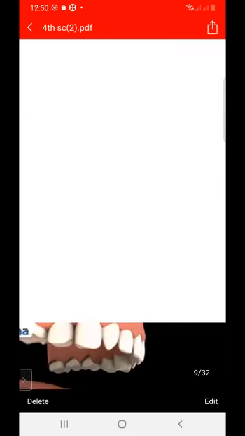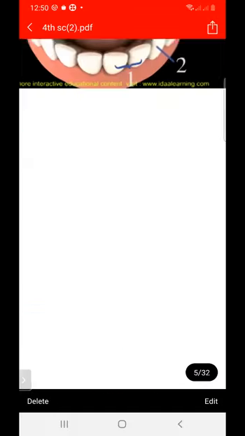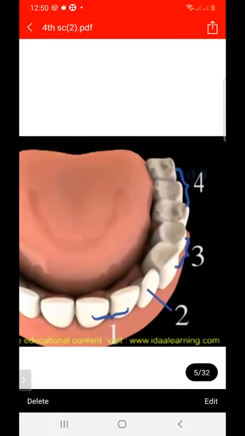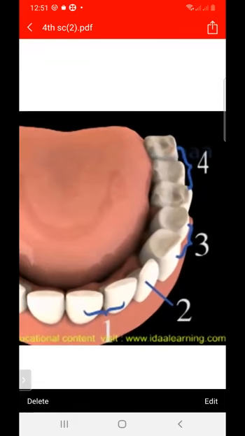On number 1, incisors are present, on number 2 the canine is present, on 3 the premolars exist, and on 4 the molars exist. So this is the structure of teeth. 1 is incisor, 2 is canine, 3 is premolar, and 4 is molar.